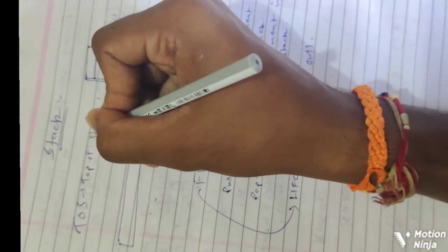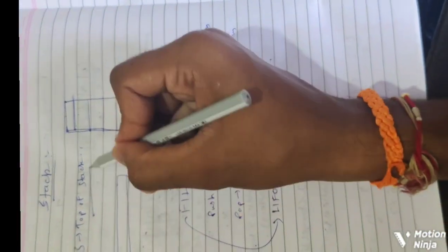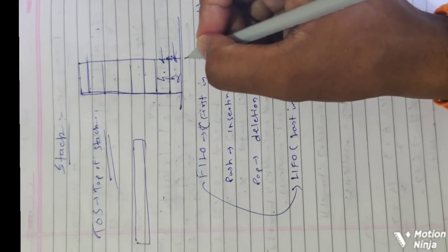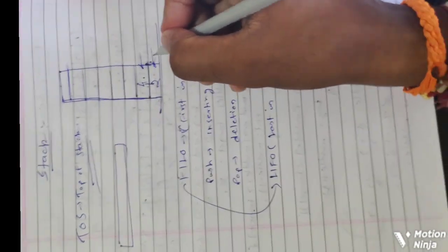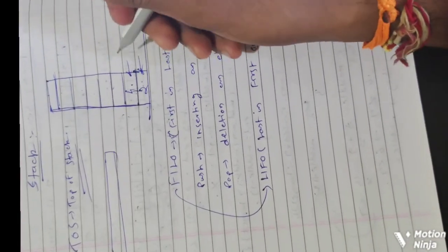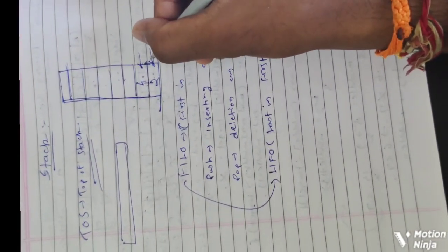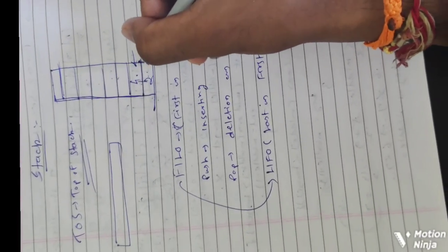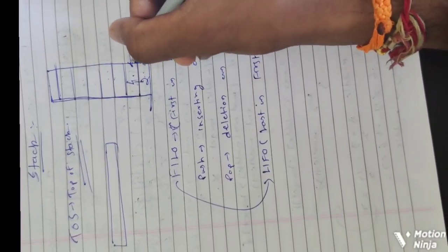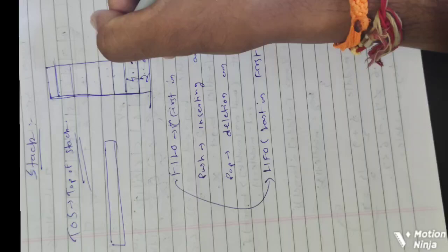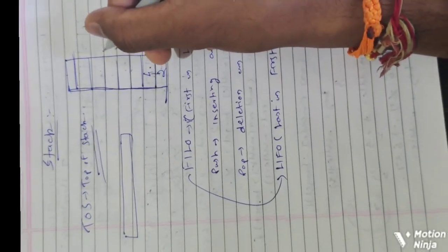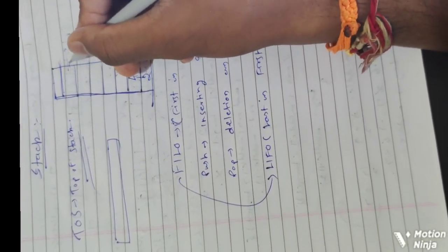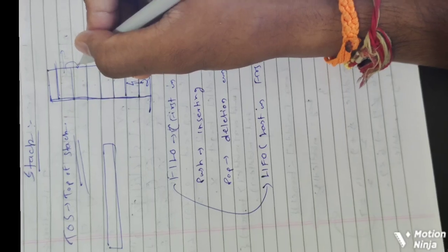Top of stack is a pointer or variable we use in our code to demonstrate how insertion works: every time we push an element, the top of the stack increments by 1, and whenever we delete, the top of the stack deletes the element and drops down by 1.